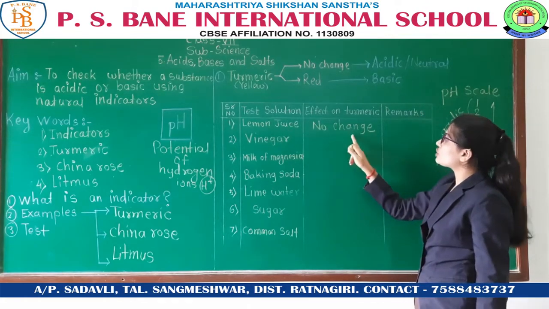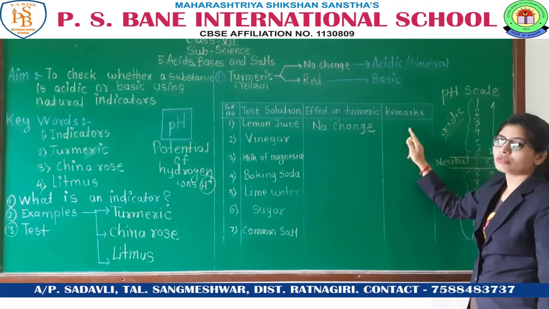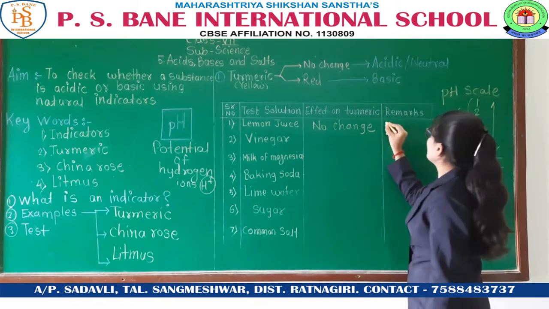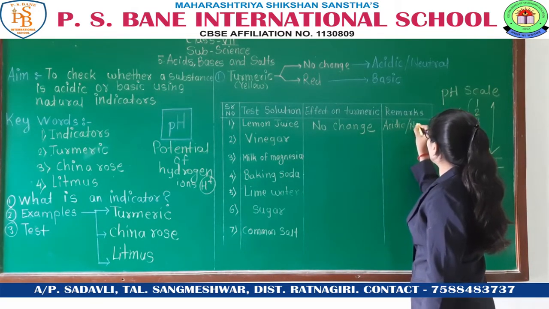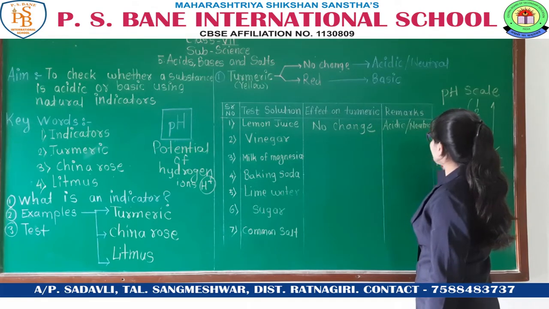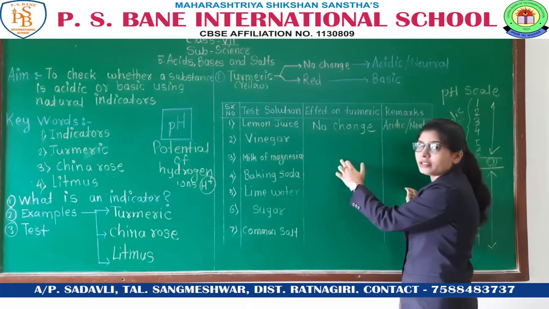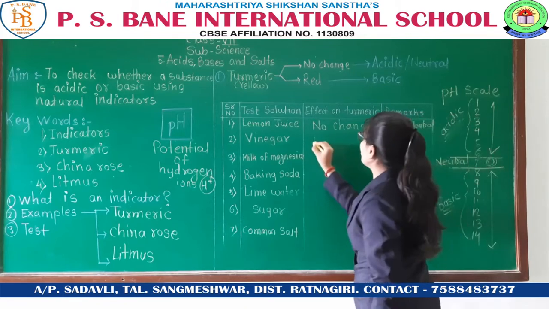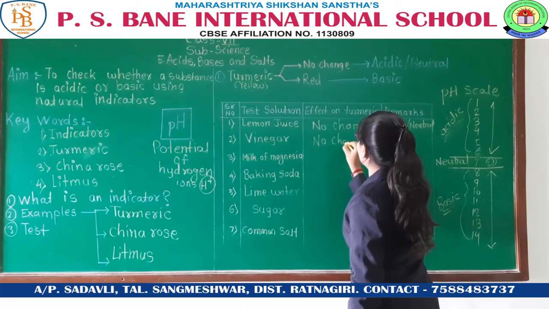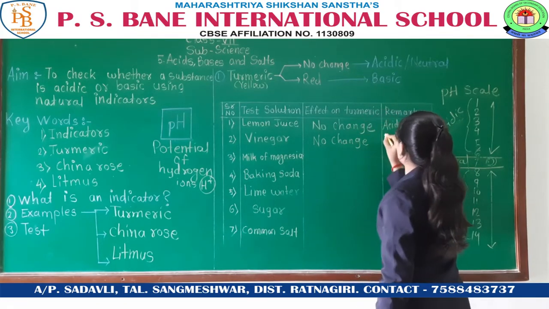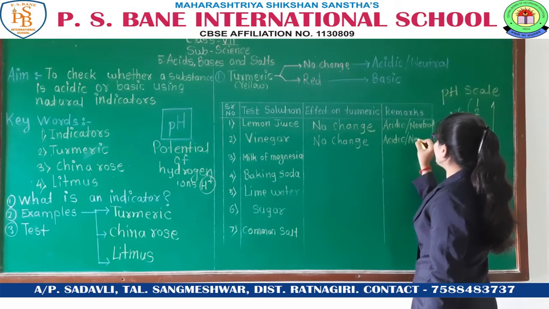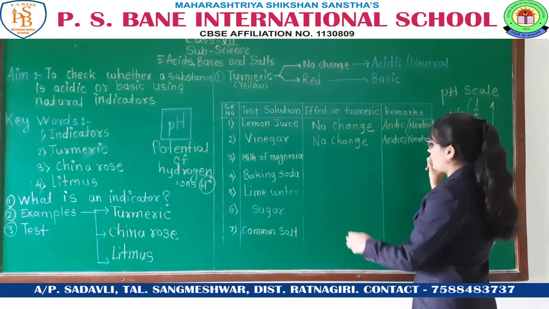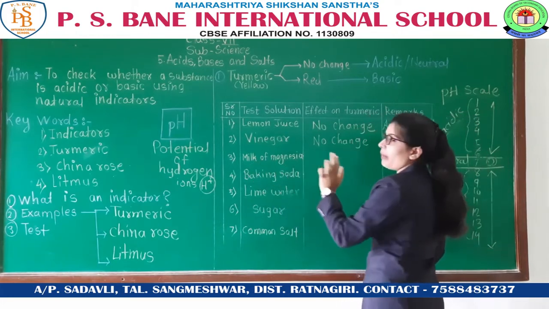Lemon juice, no change means what? In remark, yes, either acidic or neutral. What about vinegar? In vinegar also, no change. So here also acidic or neutral. Then milk of magnesia.